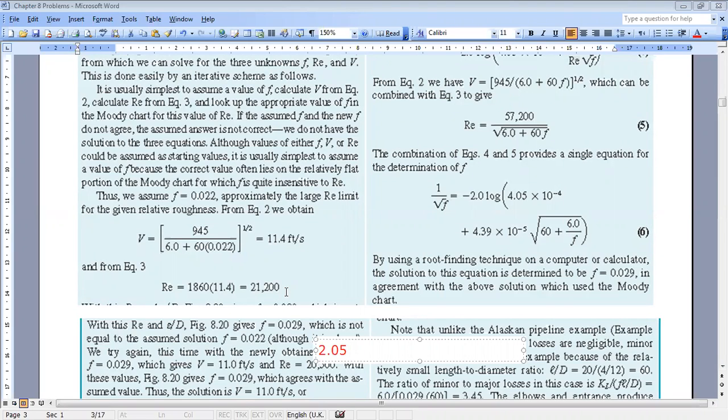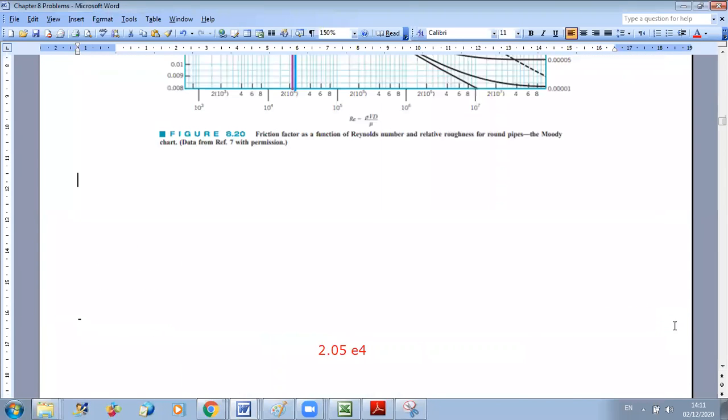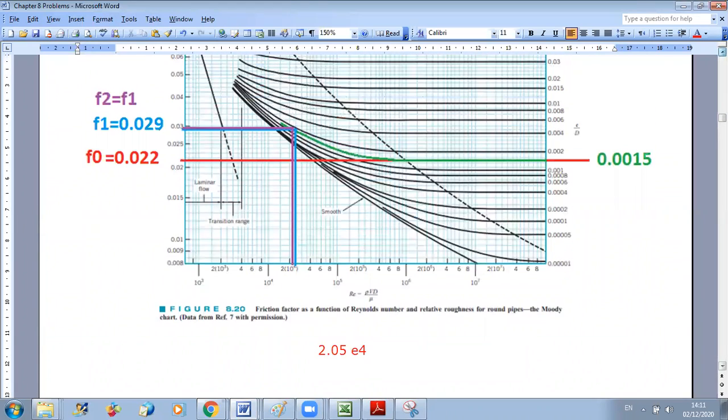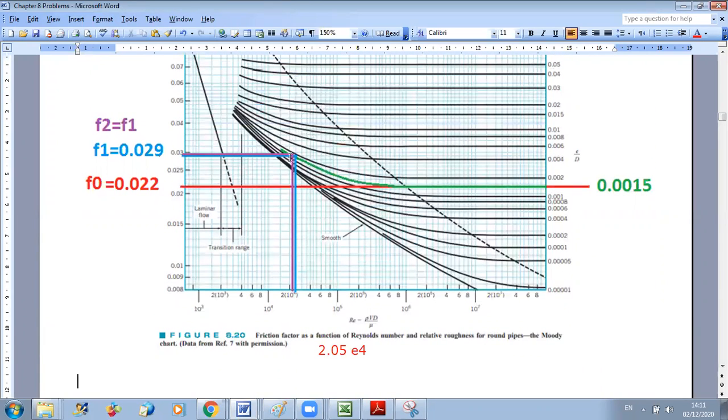So here the difference is small, so I can expect that F will be close. What I should do now is go back to my Moody chart to verify that F is very close to the previous value. So here, if you take the line for 2.05, it's the line here.